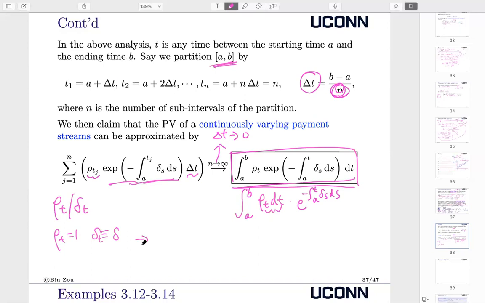Then this becomes negative delta. Let's assume A is 0, B is n.